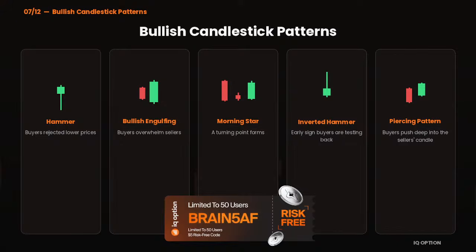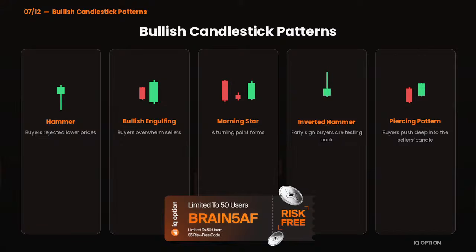But what that means is that buyers didn't fully cover the previous candle, but they then clawed back a serious amount of ground, or maybe a serious amount of liquidity, which still tells you that real buying pressure is slipping in, and there's a much better chance that buyers are more likely to take control of that market.